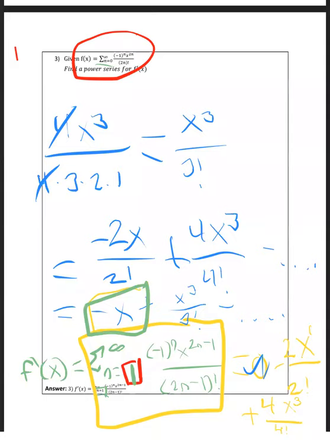If you're not sure, let's try the next one. Which value will give you x cubed over 3? Well, I'm going to look at the exponent. There's only one way to get x to the 3, and it's when you plug in n equal to 2. So that must be the second term, which means that we're right. The first term is 1. Does that make sense? Yes. Okay, that makes perfect sense.